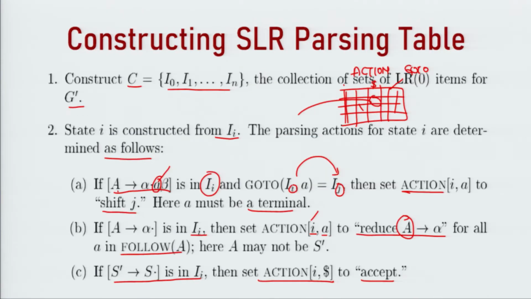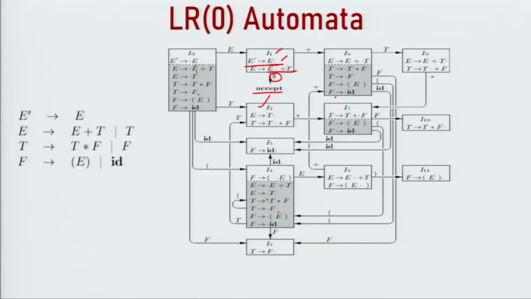For shift, we will look at the items one by one, and if the symbol immediately right of the dot is a terminal, then in this particular cell we will write shift J. Shift J means this J.